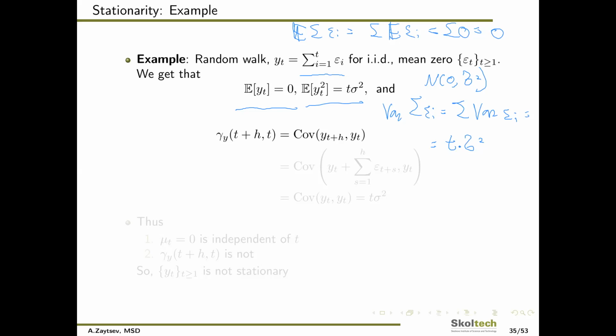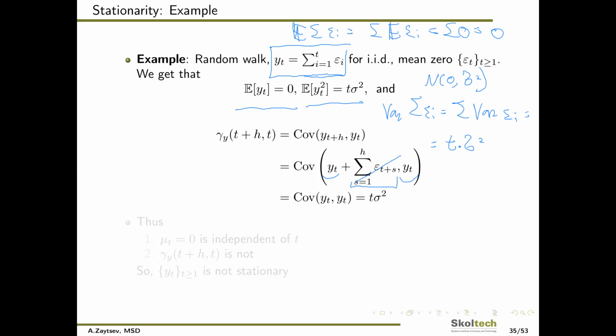If we are trying to compute the autocovariance function for t plus h and t, it is the covariance between yt plus h and yt. If we go back to the formula for yt, we add these additional terms here. These new noises are independent of what we observed in the past, so we have 0 expectation for the product of epsilons after time step t and yt.